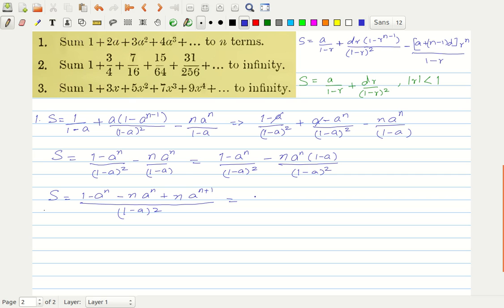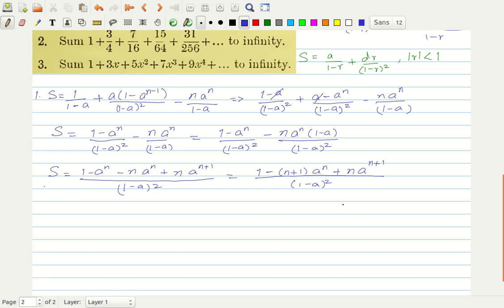Therefore the final answer is 1 minus (n plus 1) a to the power n plus n a to the power n plus 1, divided by 1 minus a square. So this is problem number 1.